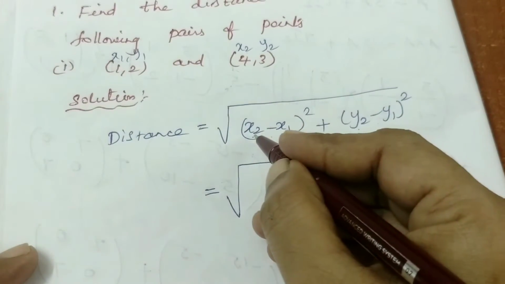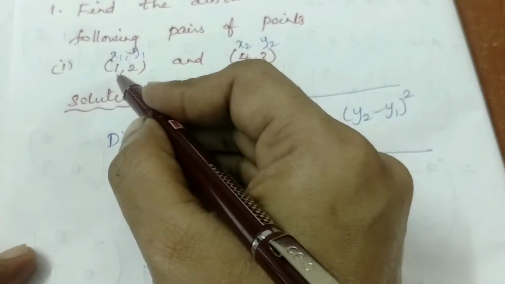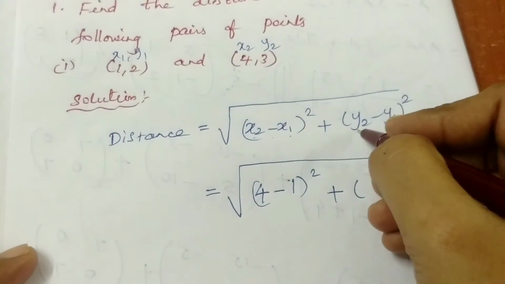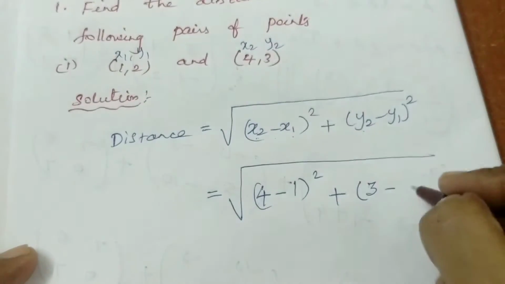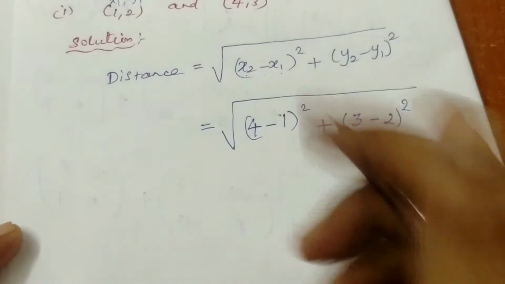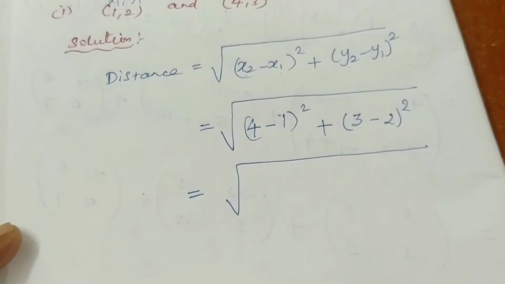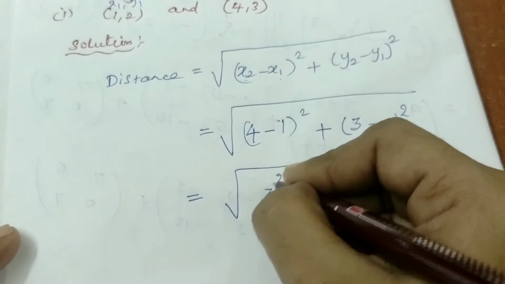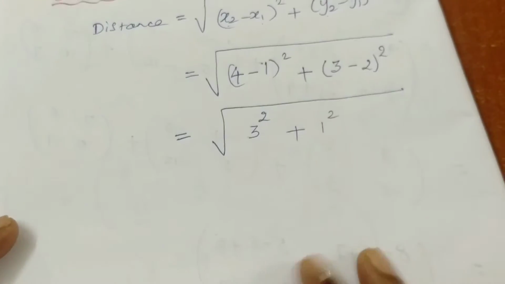Square root of what is our x2? 4, minus what is our x1? 1, the whole square, plus what is our y2? 3, minus what is our y1? 2, the whole square. Next you keep your square root as it is and then you have to find out the value: 4 minus 1 is 3, square, plus 3 minus 2 is 1, square.